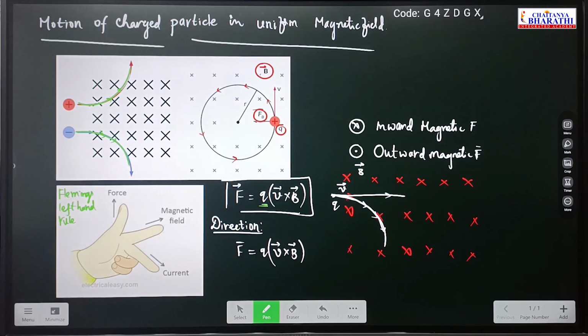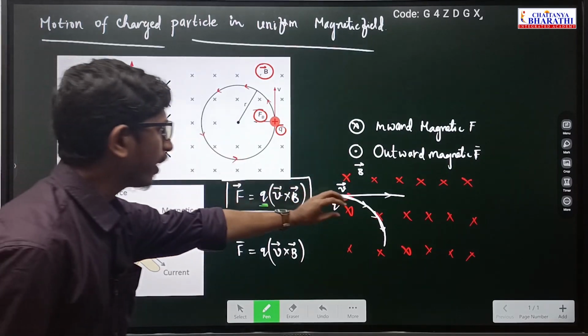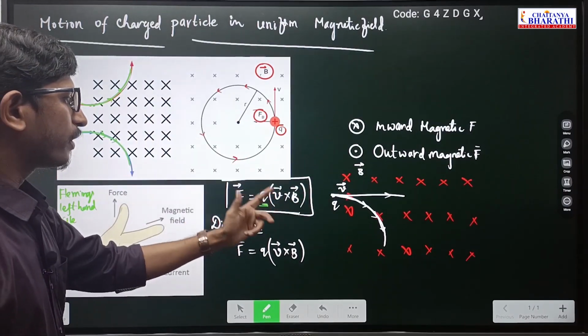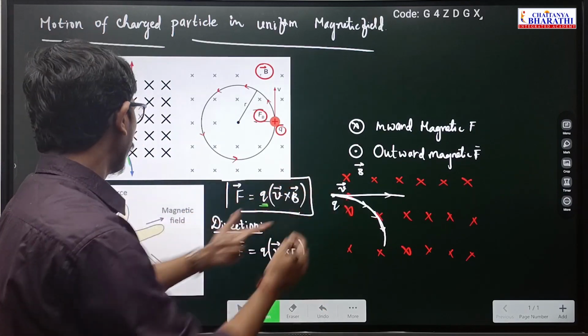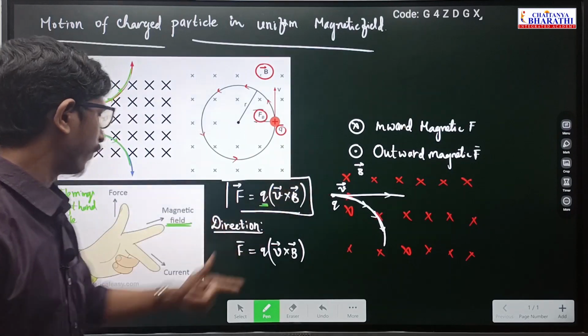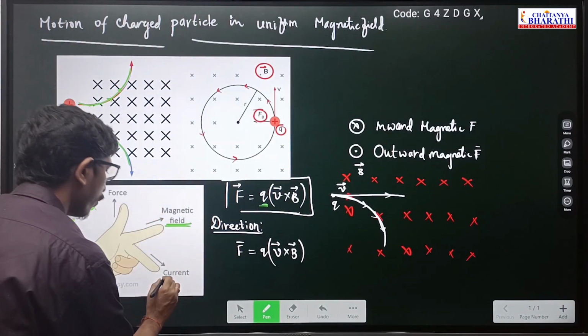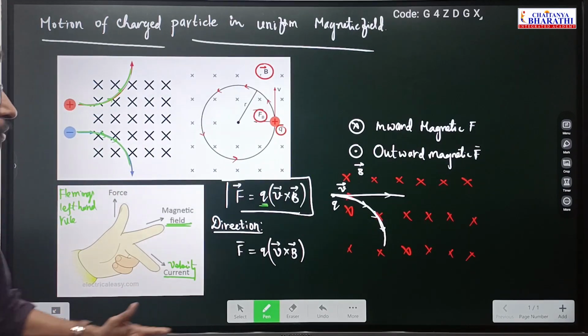If you look at the charged particle's motion, you keep your fingers such that the forefinger is in the direction of the magnetic field and the middle finger is in the direction of velocity.